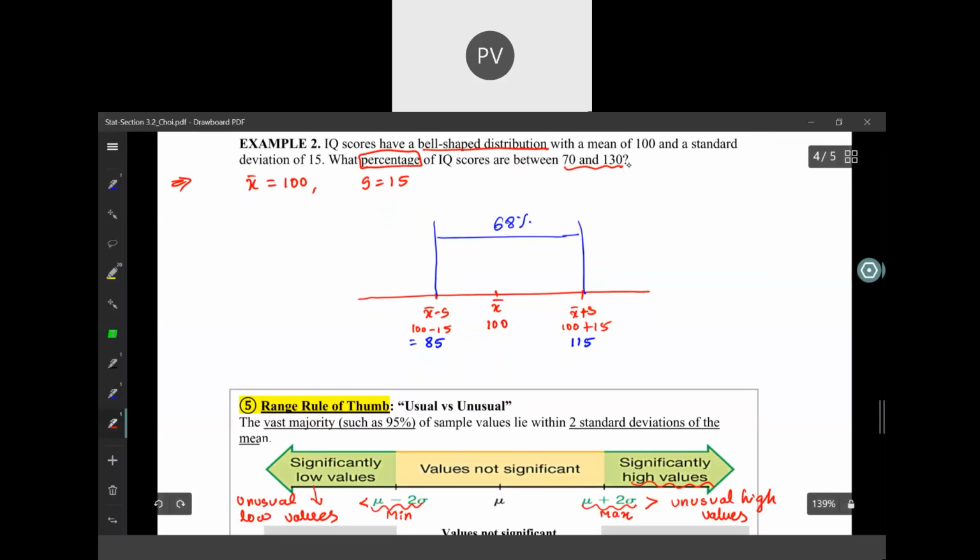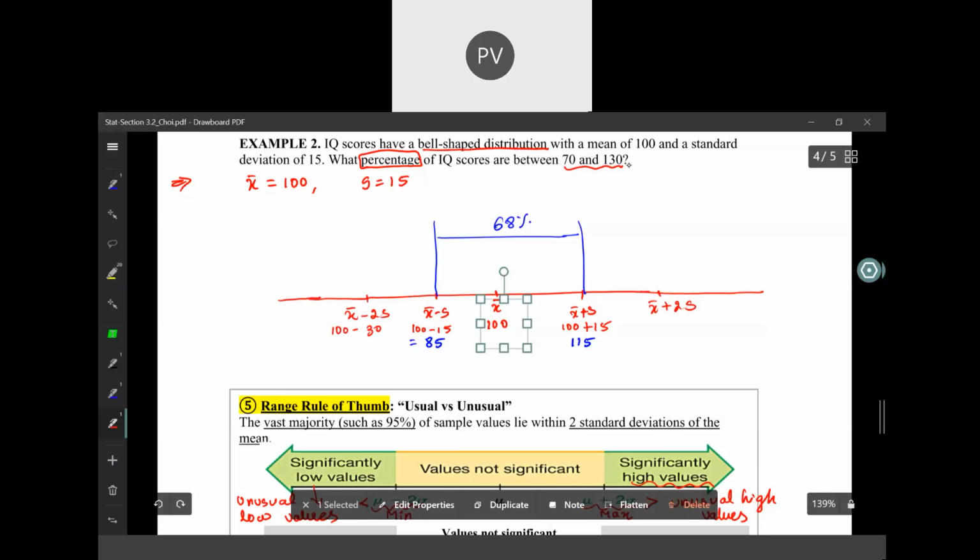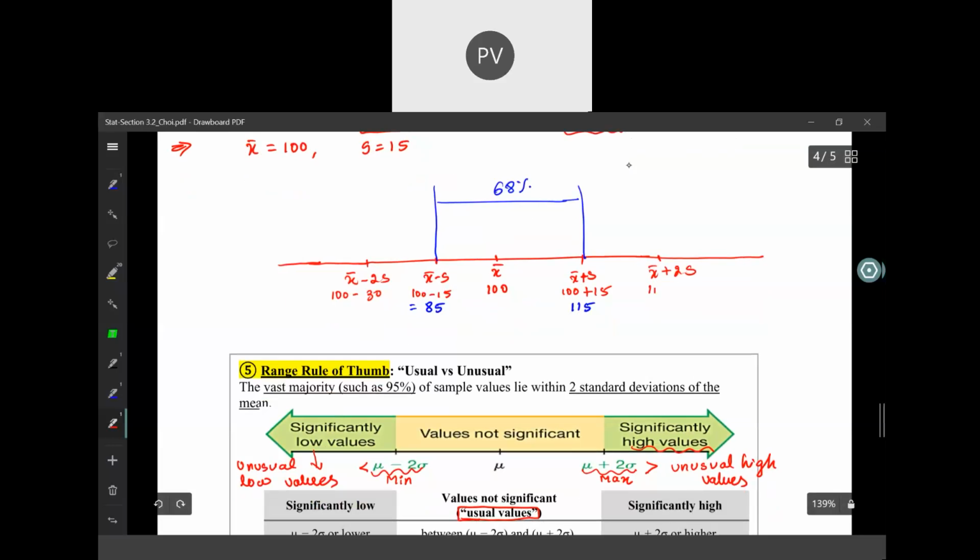Now extend the standard deviation because we need data values within the 70 to 130 range, right? So I'm going to extend it to 2 standard deviations. So x bar minus 2s and x bar plus 2s. Compute that. 100 minus 2 times 15, 2 into 15 is 30, and 100 plus 30. This is 70 and this is 130.